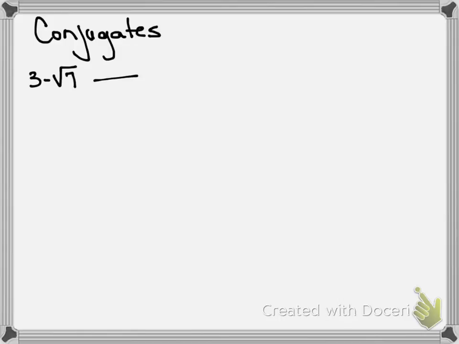Let us look at conjugates, because unfortunately, it doesn't stay there. Sometimes we have a binomial in the denominator that contains a radical number. So, ladies and gentlemen, we have to talk about conjugates.